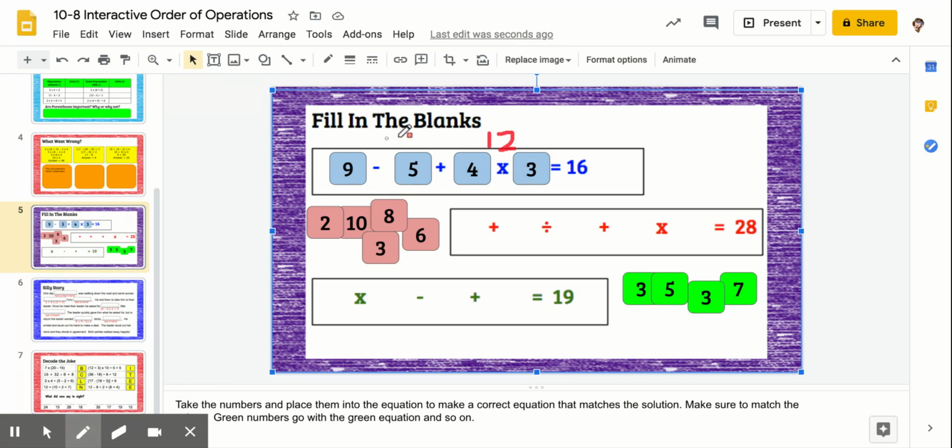right? So now I'm left with 9 minus 5 plus 12. So now I do my addition and subtraction from left to right. 9 minus 5 is 4. 4 plus 12 is 16, right?